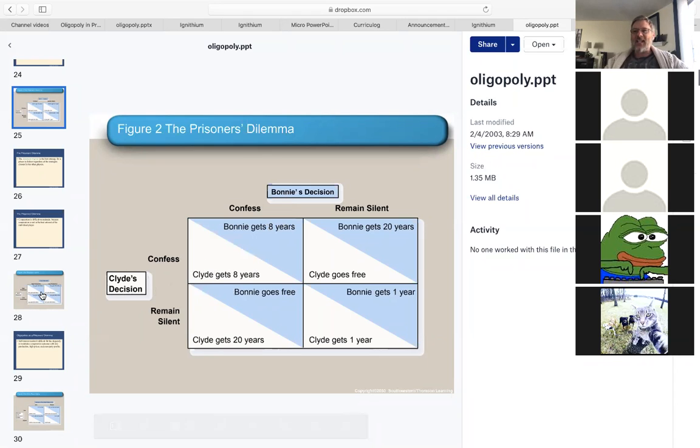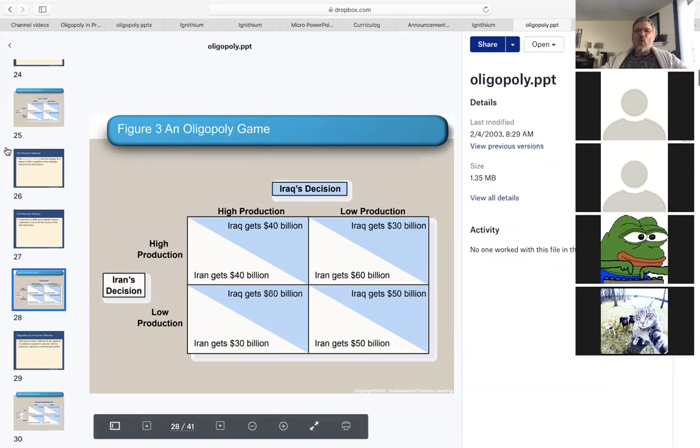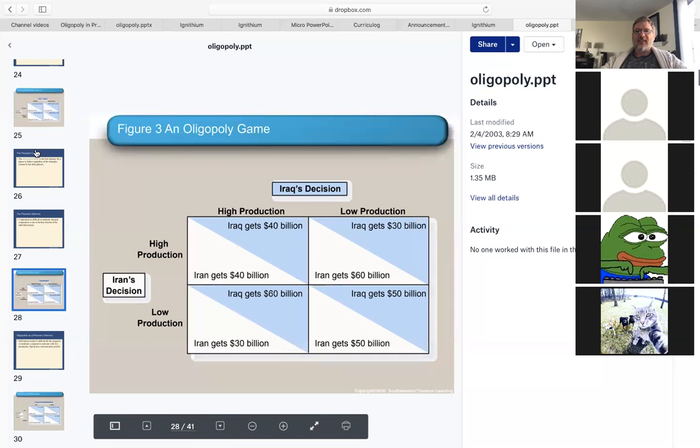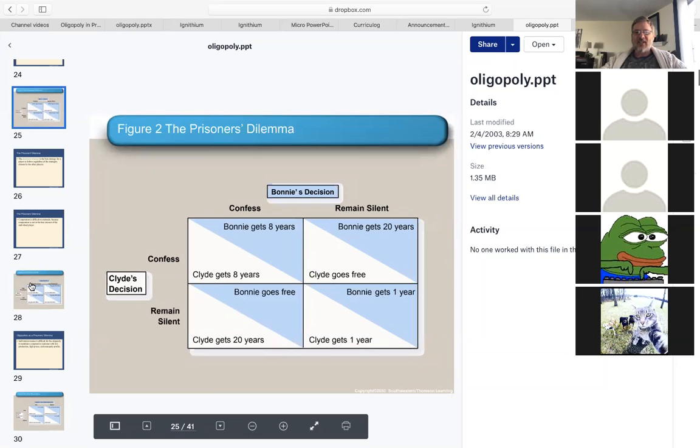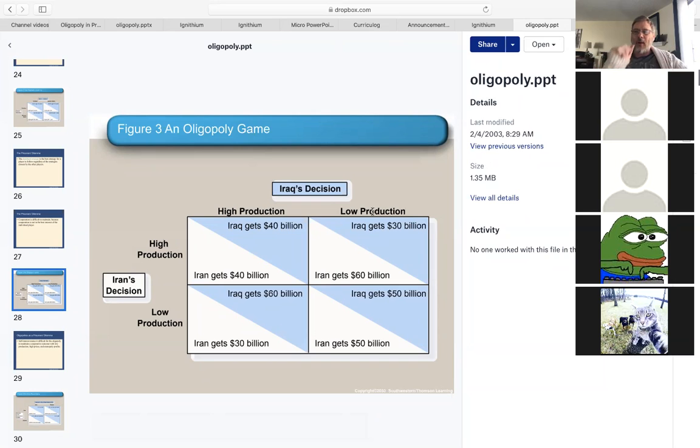So anyway, the main point that I also wanted to make is that I don't want you to just look at these graphs, because it depends upon the way that you label the strategies or the actions. Here we have high production, low production. There's nothing in the problem that's going to tell you the order in which to label them.